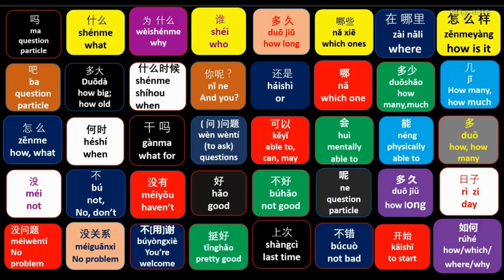That ba is a question particle, but it's also a polite ending of the sentence, so it doesn't sound as if you're being rude or forcing the person to go along with you, or whatever you could be suggesting or asking the person to do. You make the inquiry or the suggestion polite by adding the ba particle at the end, how ba.